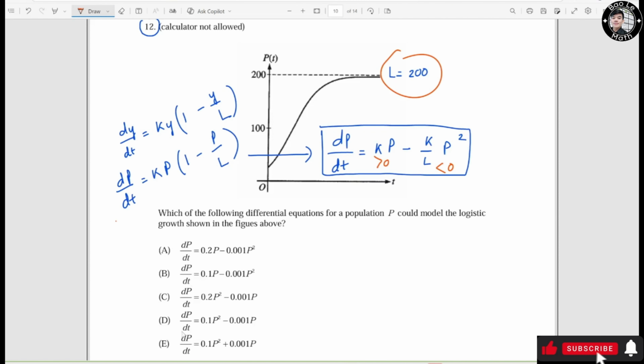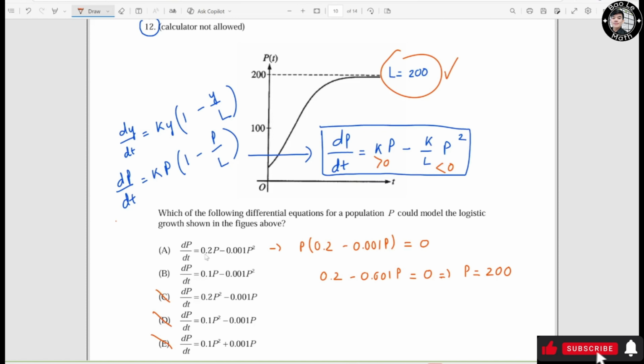Looking at the answer choices, we need to eliminate C, D, and E because they all have a positive quadratic term. For the first one, we factor P out, so we have 0.2 minus 0.001P. Setting this equal to 0, P equals 200, which is the maximum value.